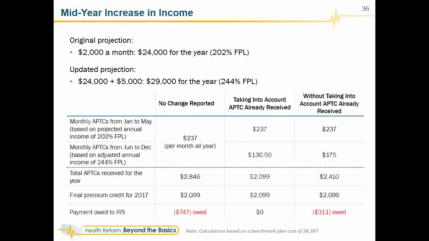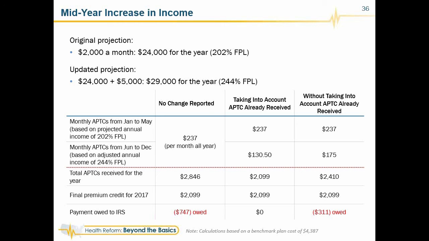Unfortunately, that's not what healthcare.gov does, because that's kind of a complicated concept that they've just not been able to make work in the technology. So healthcare.gov is going to do it a different way. Now, the way that I just described, which is in the regulation, is in the center column.